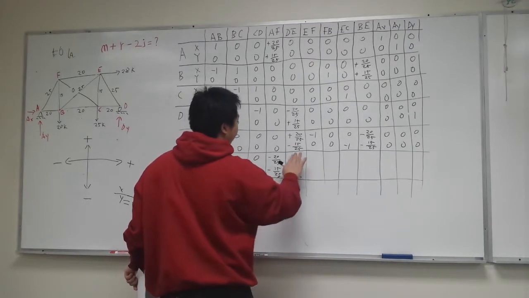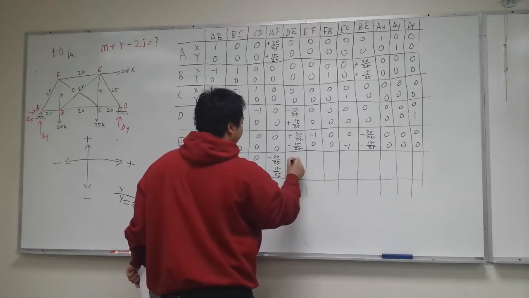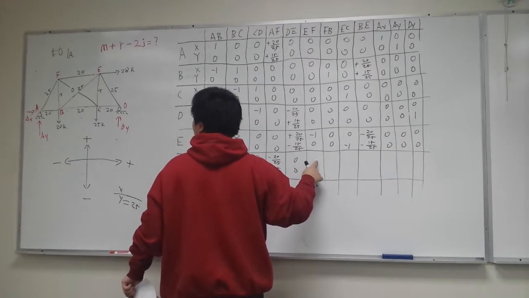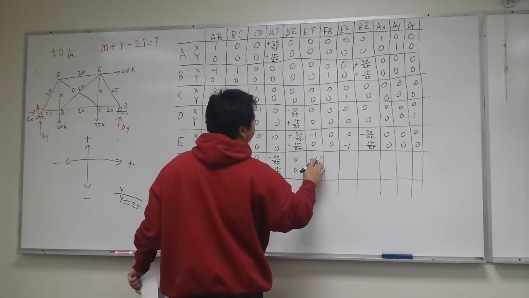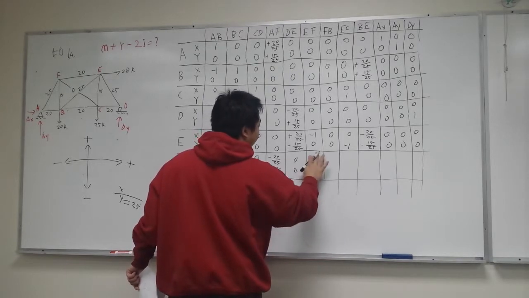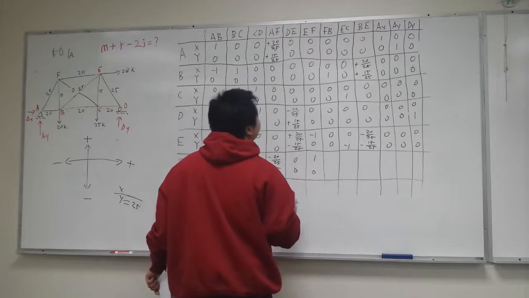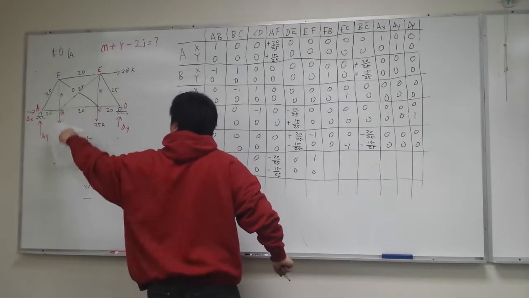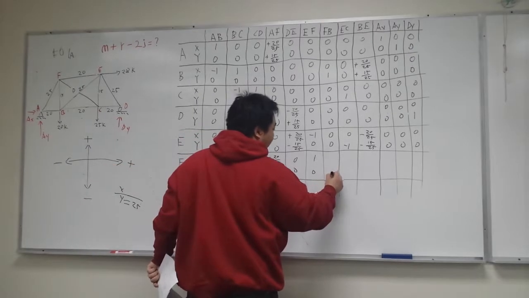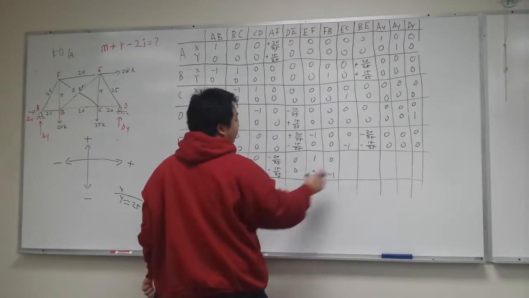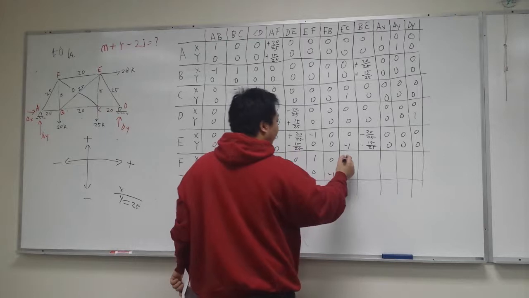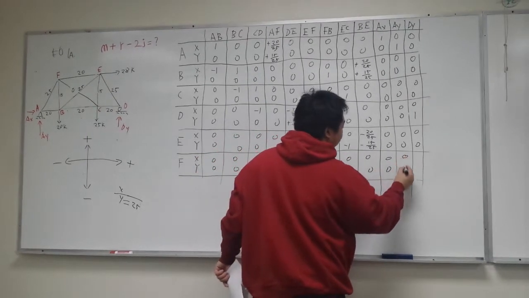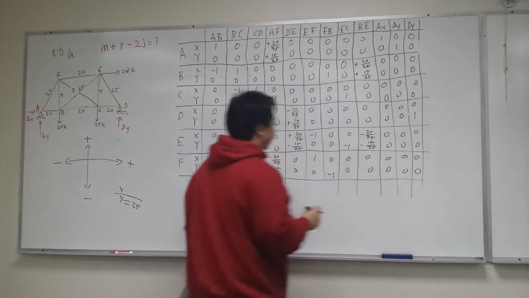Wait, oh, DE, I'm sorry, 0, 0. EF, yes, positive 1. I'm sorry. 0. And FB, F to B going down, so it's negative in the y-axis and 0 in the x-axis. EC had nothing to do with F, so 0, 0. So this is our matrix.